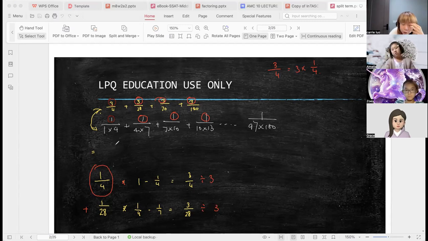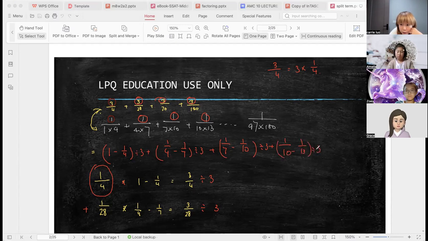So we can do 1 minus 1 over 4 divided by 3, plus 1 over 4 minus 1 over 7 divided by 3, plus 1 over 7 minus 1 over 10 divided by 3, and 1 over 10 minus 1 over 13 divided by 3, right? So all the way, the last one is 1 over 97 minus 1 over 100. Grace, do what? Divided by 3.